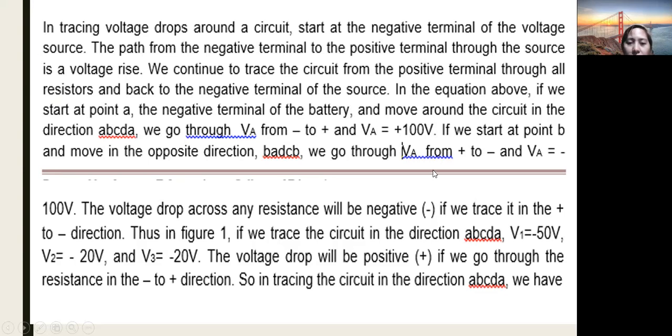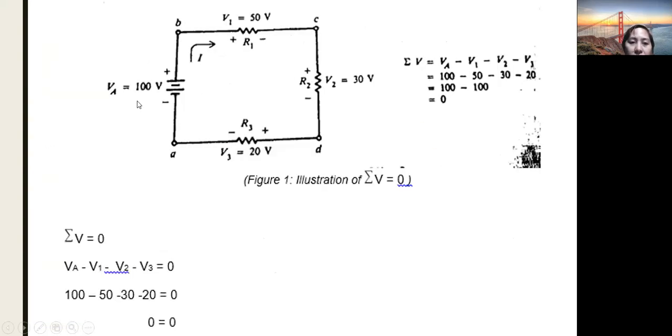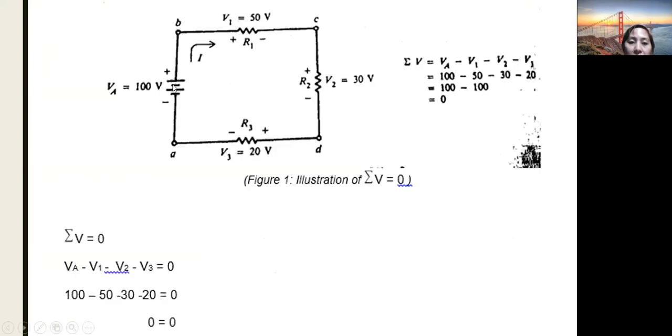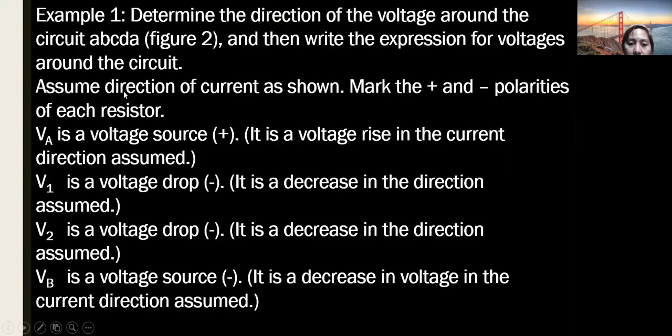So where is this? This one. The terminals we're referring to are negative and positive. It is said that the path from negative terminal to the positive terminal through the source is the voltage applied.